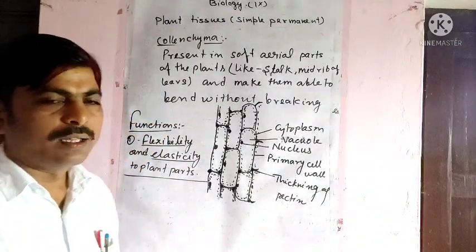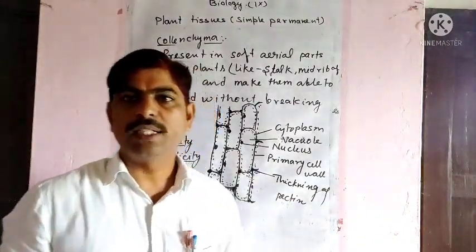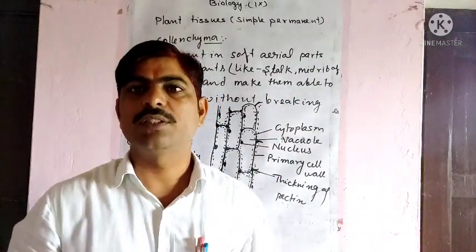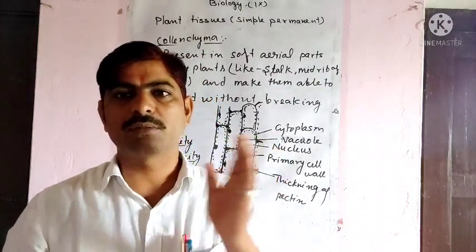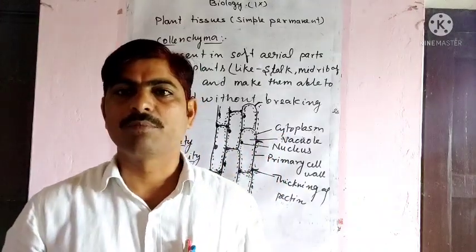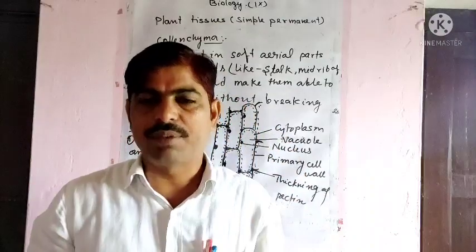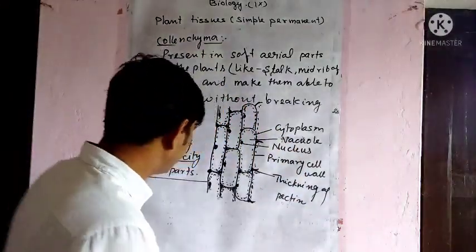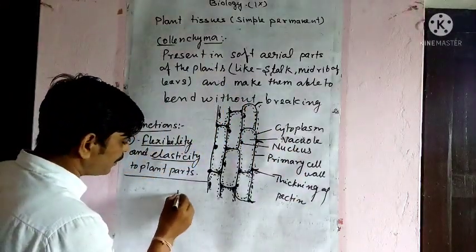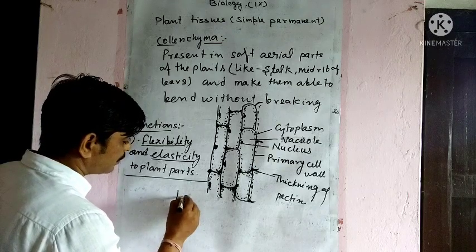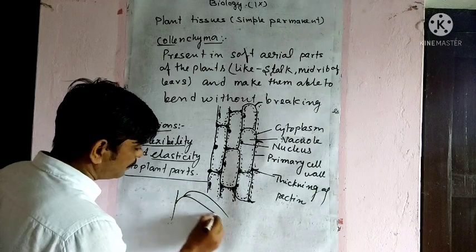In many dicotyledon plants, they are also present in stems. That's why dicot plants bend without breaking. In certain plants, they are present at the margin of leaves. Suppose this is a plant and it has a leaf like this.